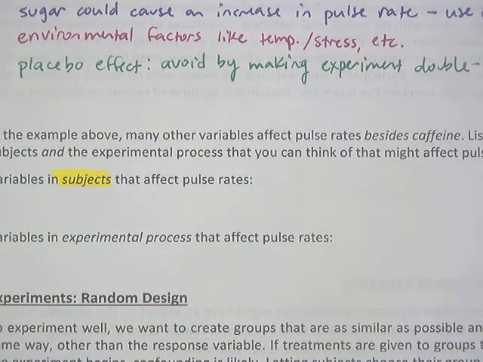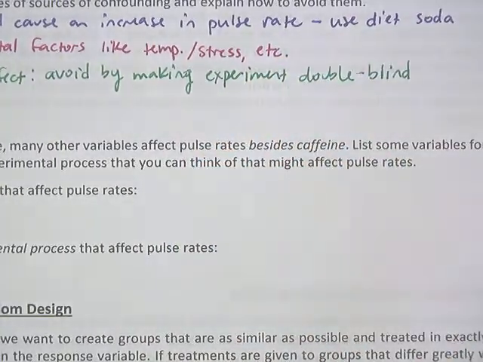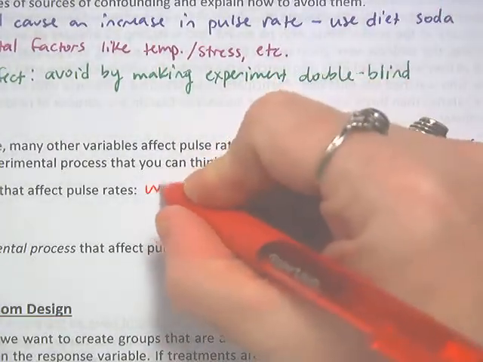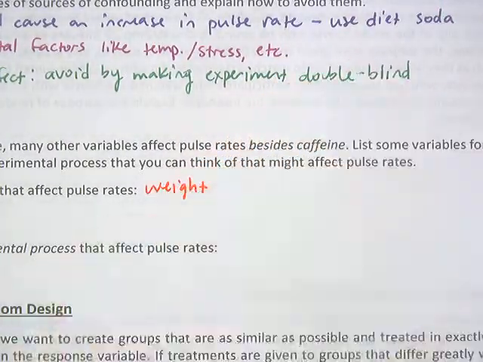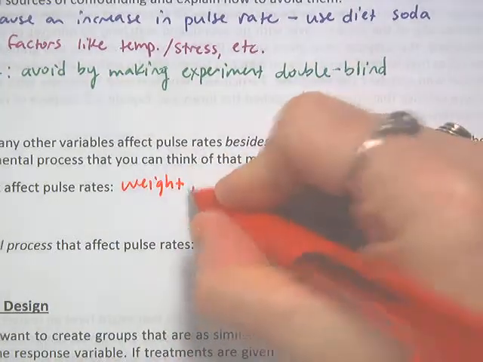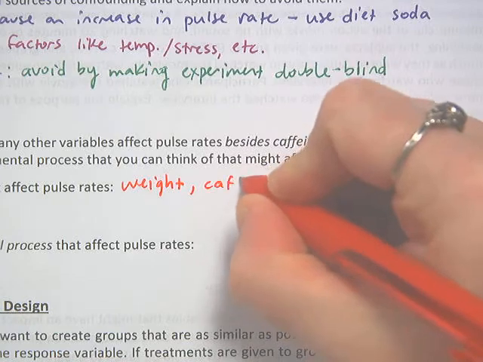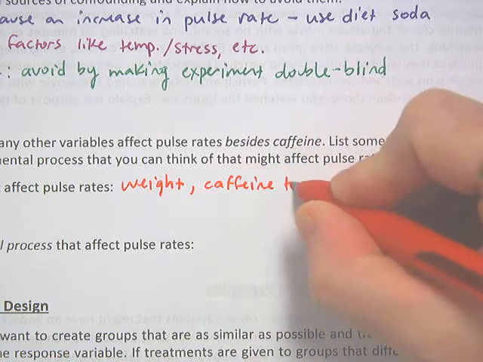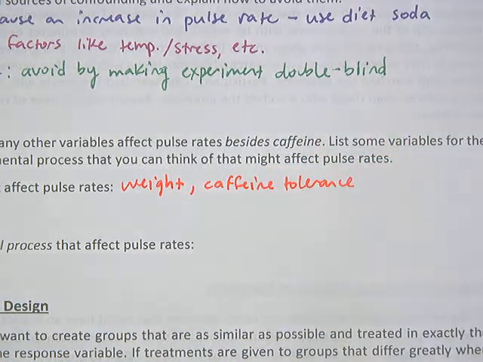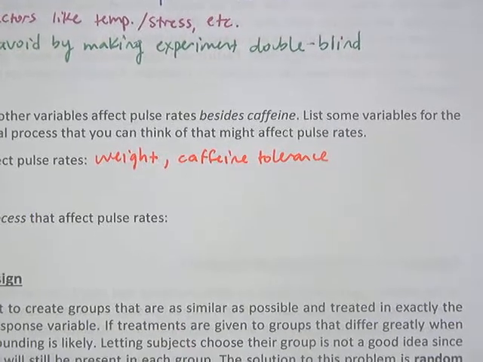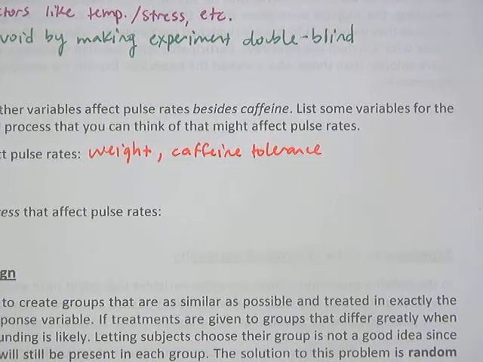And that could be like their weight, caffeine tolerance. Some people aren't really affected by caffeine a whole lot. Their heart rate doesn't really increase a lot. They can have coffee at bedtime, no big deal.